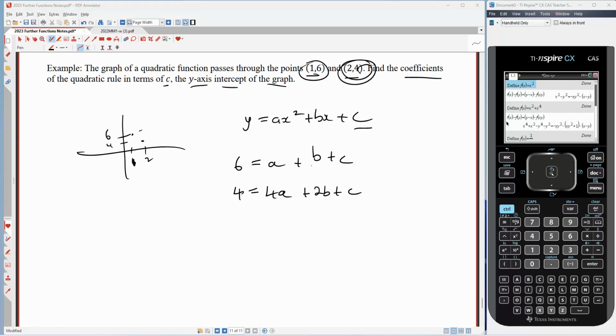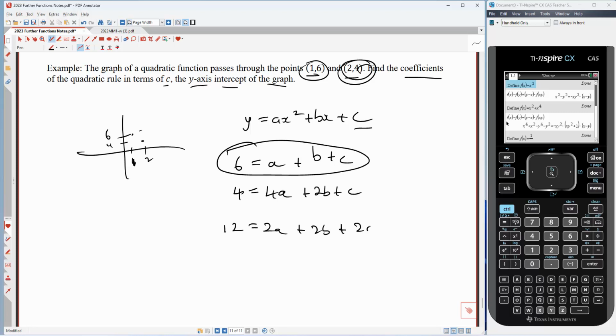I'm going to eliminate b first, let's just try that. I'm going to write this top equation as 12 equals 2a plus 2b plus 2c. I've just multiplied everything by 2.